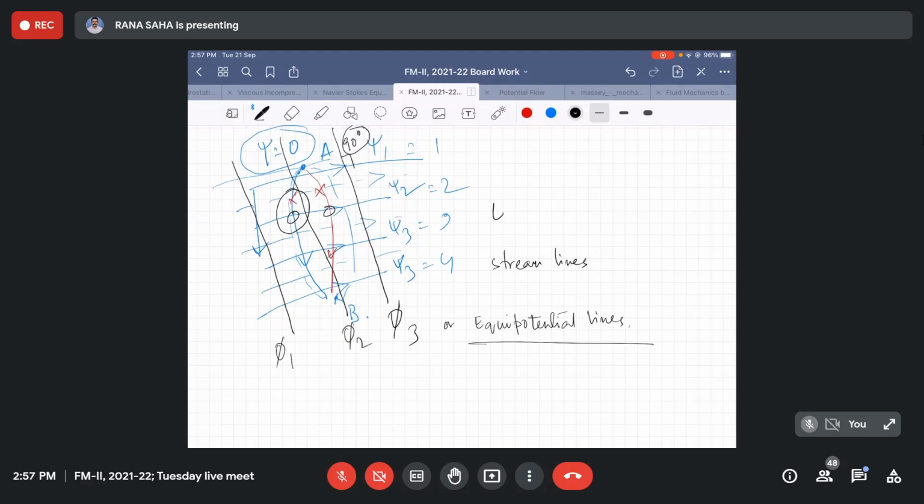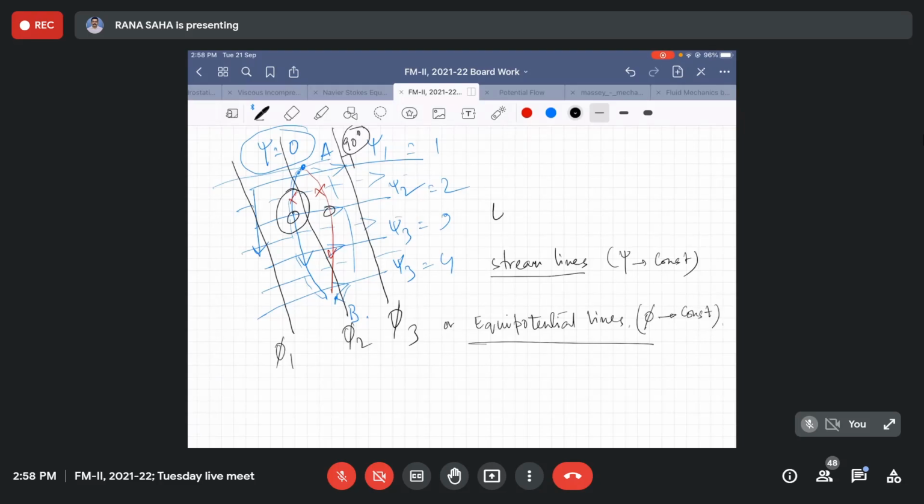Already we had the definition of streamlines in our fundamental fluid mechanics, and here also. So these are the streamlines where you have psi constant, and the equipotential lines are the lines where we have phi constant.